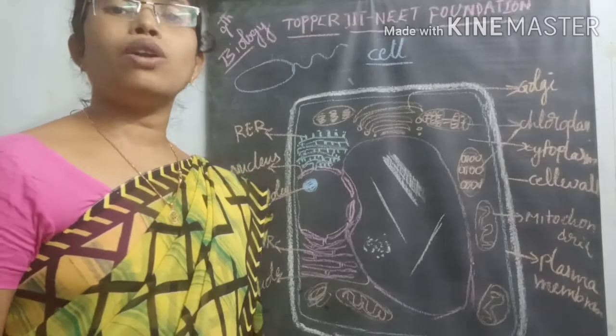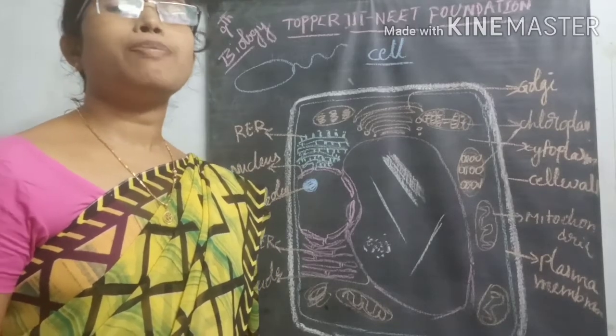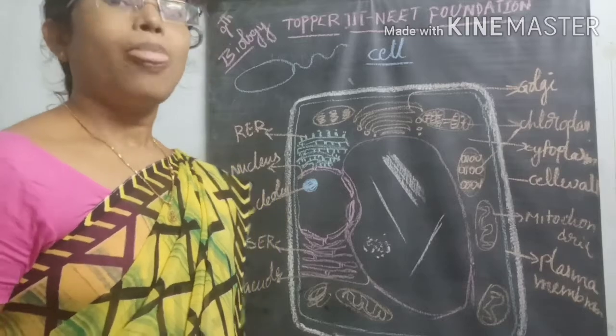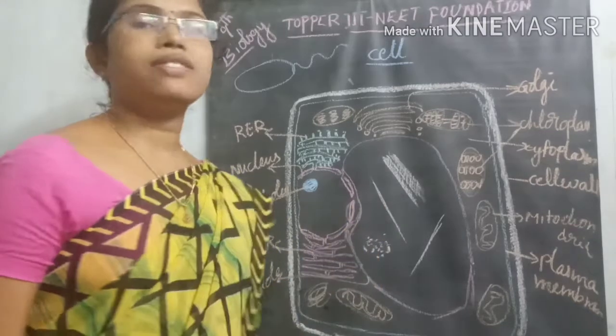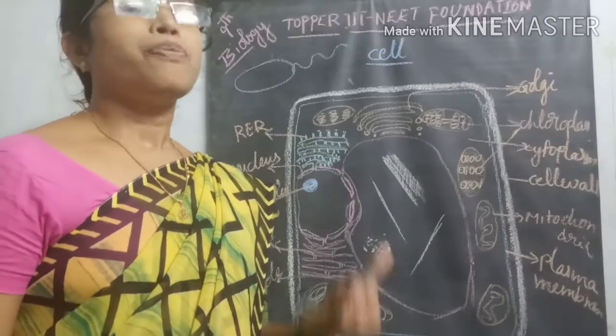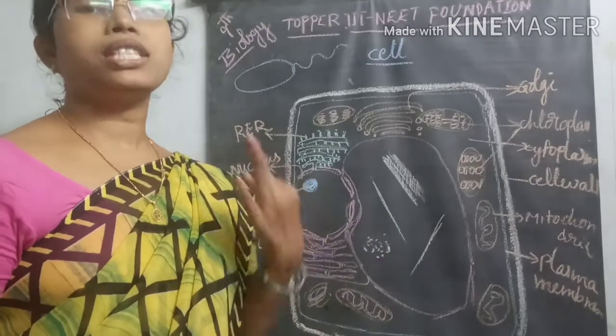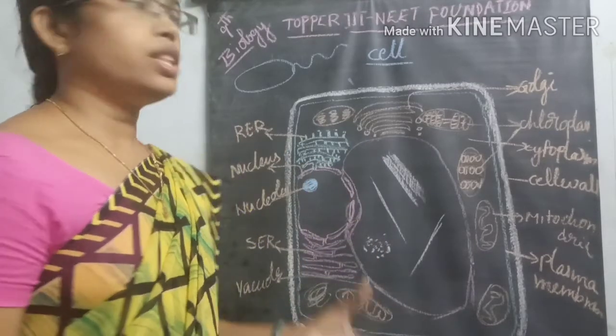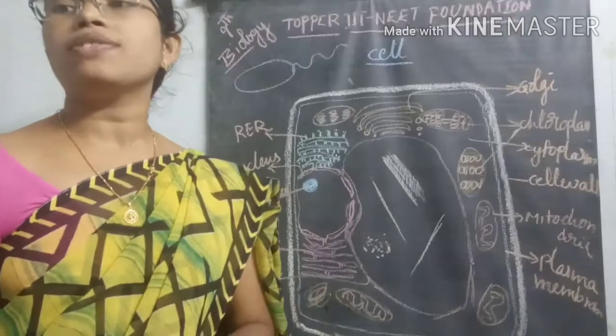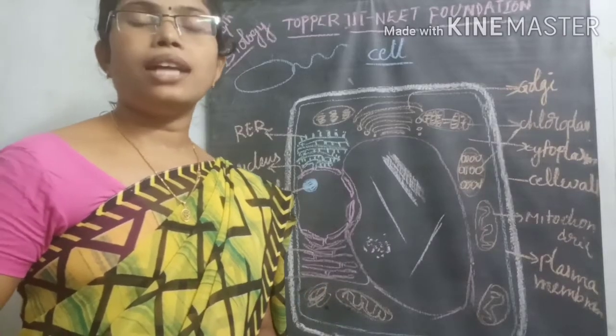In that vacuole, the food material prepared during photosynthesis is stored in the form of amyloplast, elaioplast or aleuroplast. These are the different cell organelles present in the plant cell.